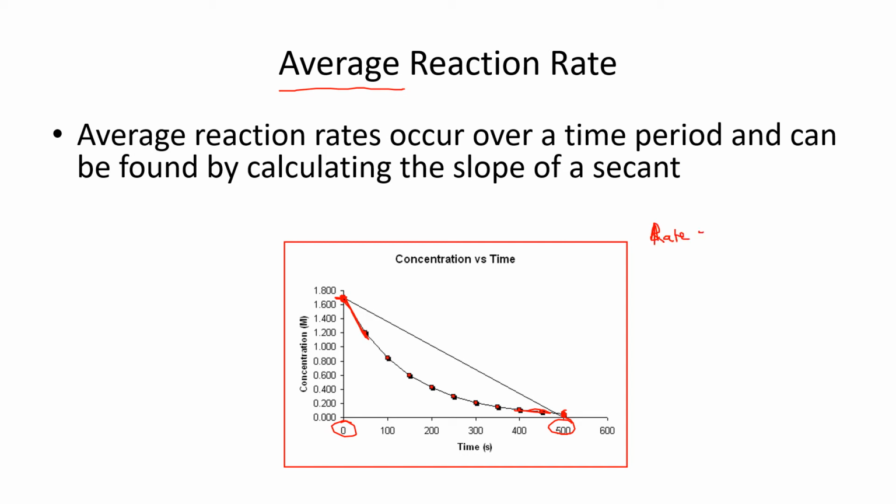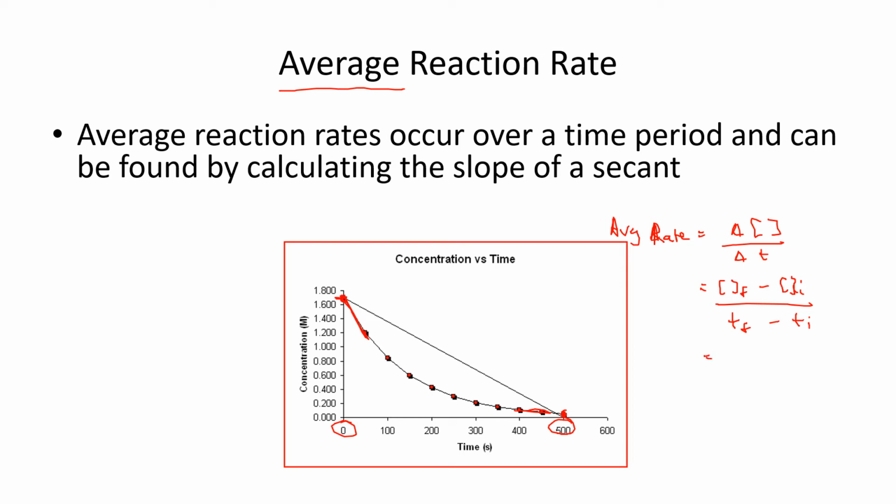So the rate is going to be, or the average rate is going to be the change in concentration divided by the change in time. So you're going to do concentration final minus concentration initial, there we go, all over time final minus time initial.